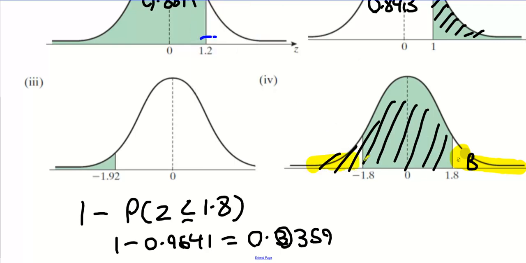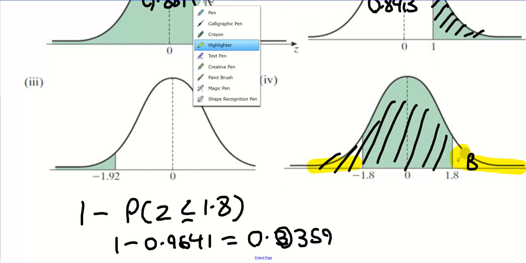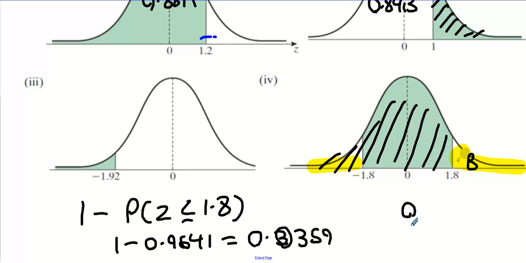Double that answer and take it away from 1. And you'll get your middle section. So it's going to be 1 take away 2 times 0.0359. And what you get? 0.9282.